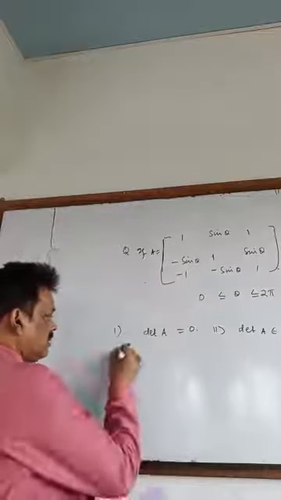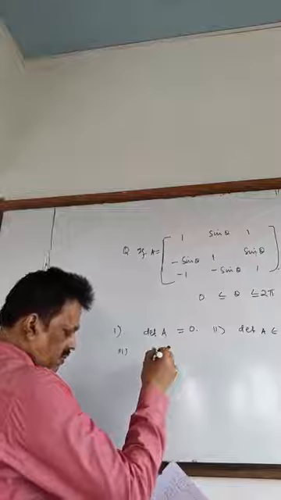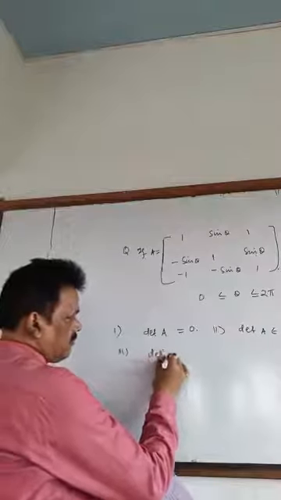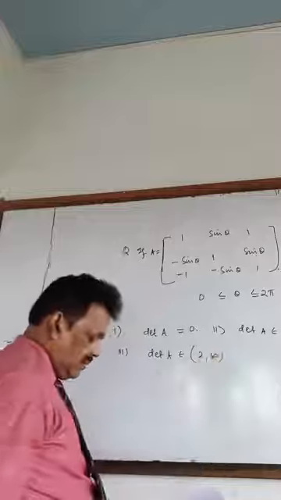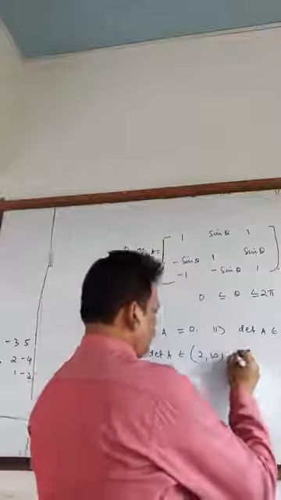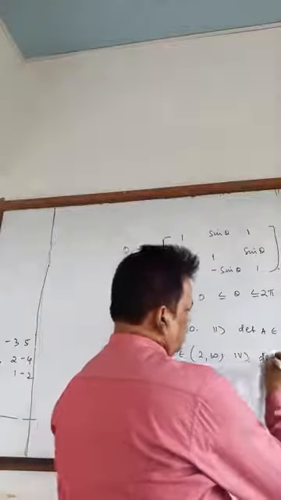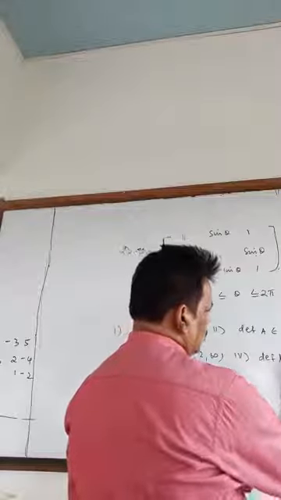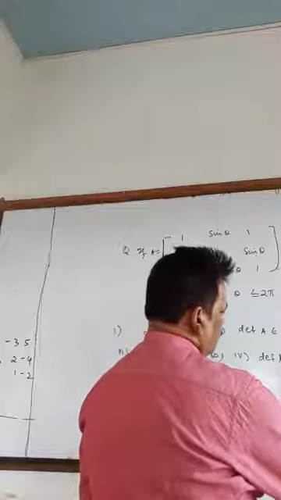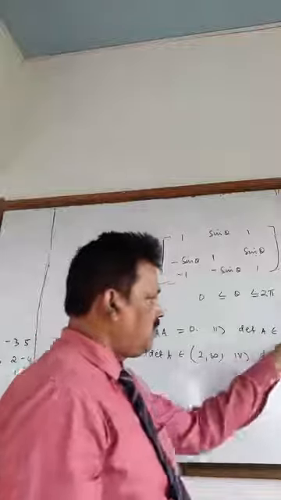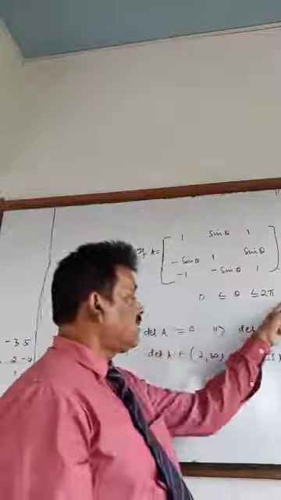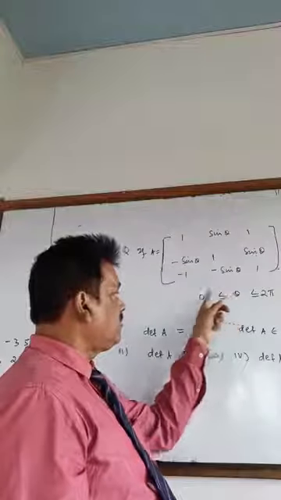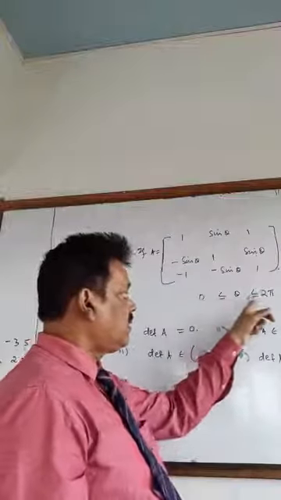Third option given, determinant of A belongs to 2 infinity. Fourth option given, determinant of A belongs to closed interval 2, 4. See, this is open interval, both are not included, here both are included. Notice this point very carefully. Your theta lies between 0 and 2 pi, both are included.